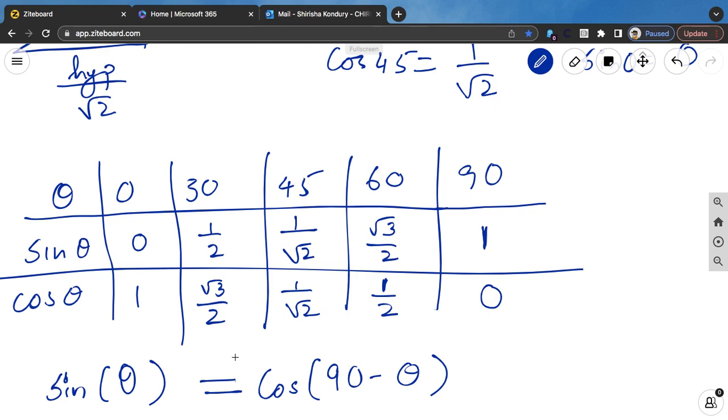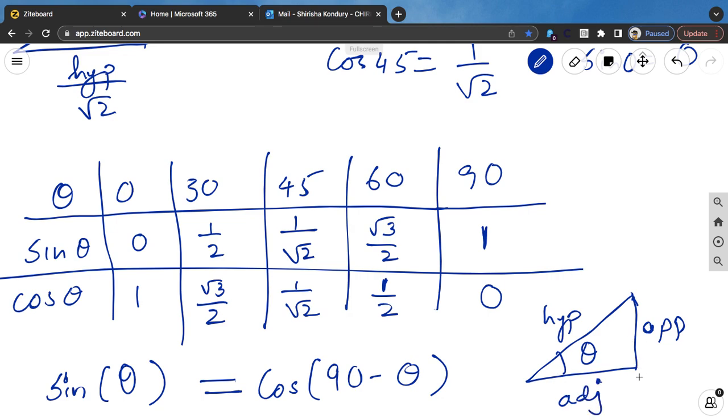Is this true for all angles? Yes. If I know sine of an angle, cos of its complementary angle will also be the same. Does it make sense when I look at the triangle?